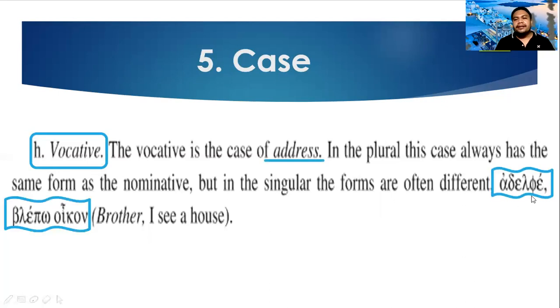So adelphos, if it is in the vocative, you change it with the e: adelphe. Blepo means I see, that's first person singular, and oikon, a house. So we can see here what is the noun which is in the vocative case. It is adelphe.